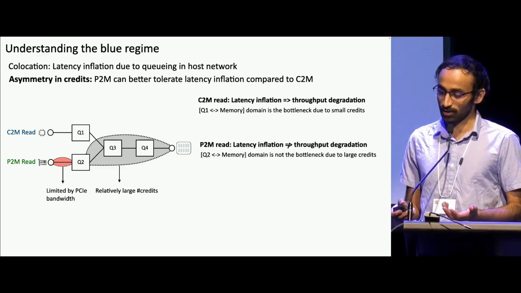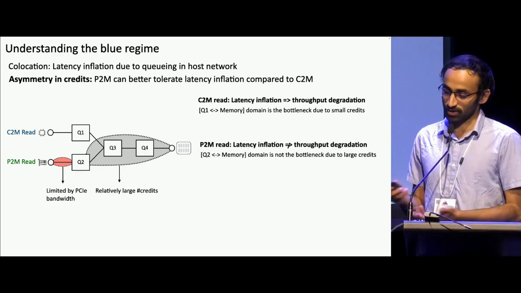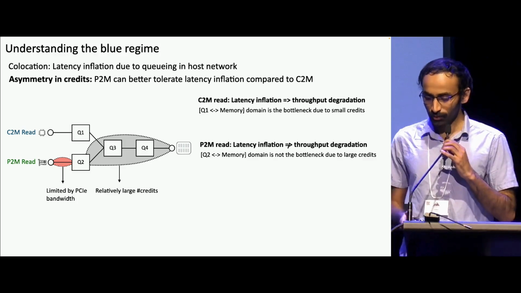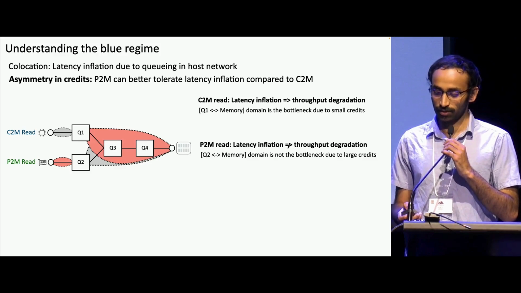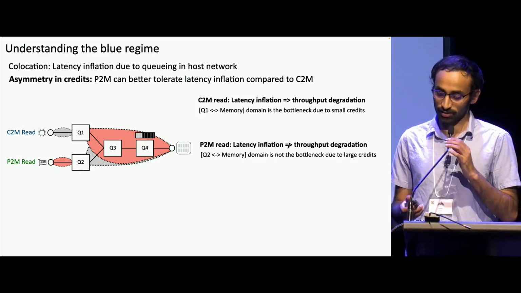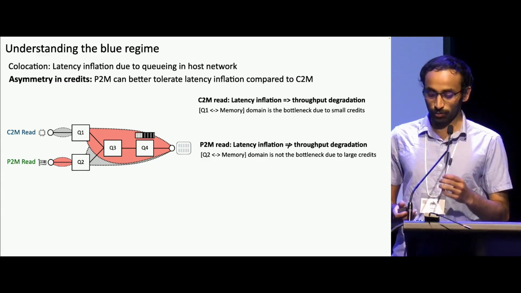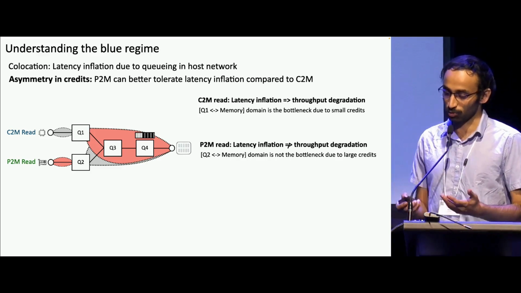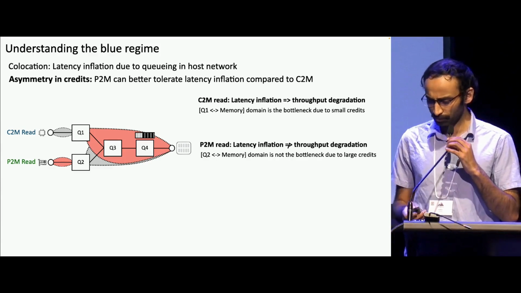So if we see latency inflation on the right side, it does not necessarily imply throughput degradation. Now, when we collocate these two different kinds of traffic, we observe queuing, in this particular case at node Q4. That results in latency inflation for both the right side domains, but only in throughput degradation for the C2M, due to the reasons I mentioned before.